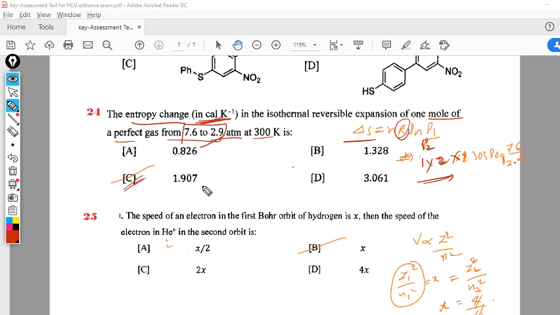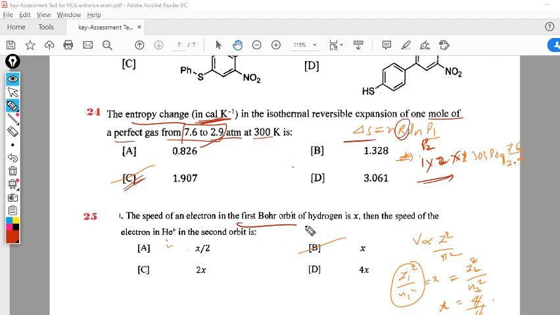The calculation part must be done by yourself, because you must be able to do the calculation. If you are just able to get the formula and cannot calculate till the final answer, it won't be useful. So you are going to attempt only 50% of the physical questions. If you are able to do complete calculations and simplifications, then you are going to do all the questions in physical chemistry. Okay. Next. So it is from atomic structure.